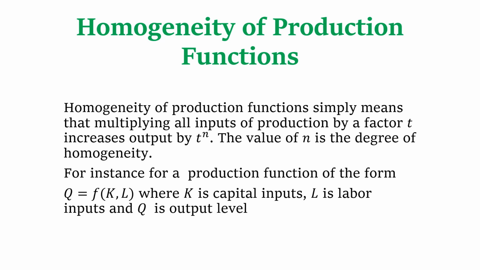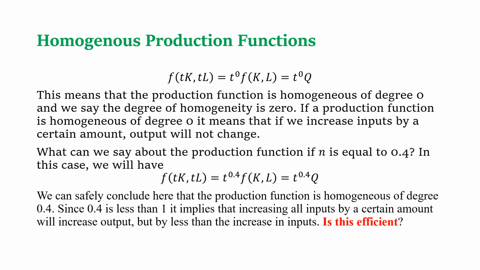Let's take a look at one particular production function. Let's say Q equals F of LK, where K is capital, L is labor input, and Q is the level of output. If we multiply the entire production function by T raised to the power 0, then we have T raised to the power 0 there. Now 0 is the degree of homogeneity, so this production function is homogeneous of degree 0.